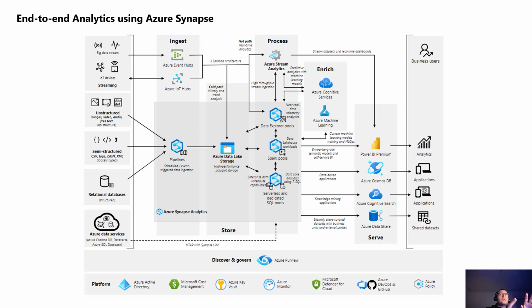So now let's talk about streaming data. For the ingest part, we can use Event Hub or Azure IoT Hub to ingest the data stream generated by the client application or IoT device.